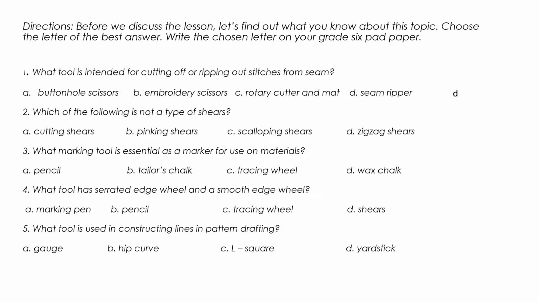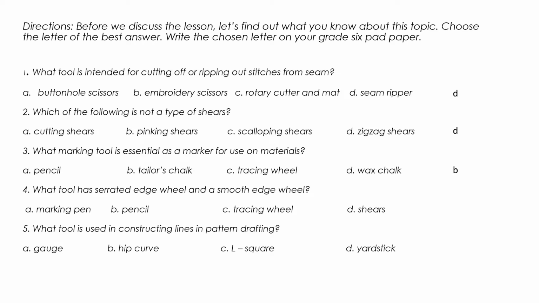For number 2, the type of shear which is not included as a type of shear is letter D, zigzag shears. Number 3, the correct answer is B, tailor's chalk. It is very essential for a tailor or a dressmaker.